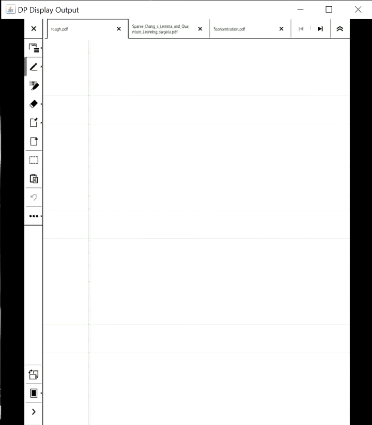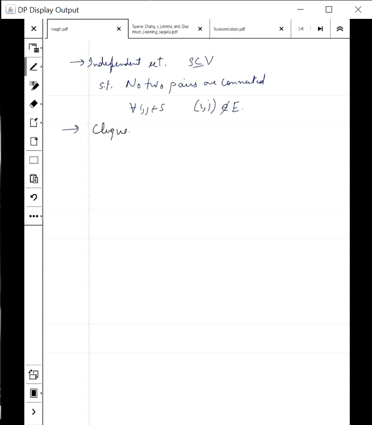The 2 important concepts are independent set and clique. An independent set is a subset of vertices S such that no 2 are connected. That means for all i, j elements of S, ij is not an edge. The opposite concept is called a clique, where for all i, j elements of S, ij is an edge.